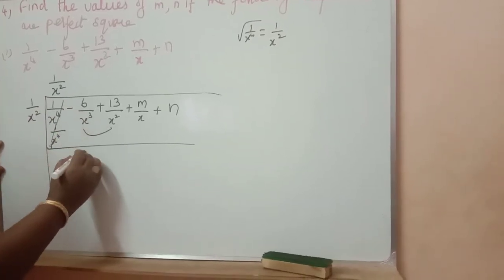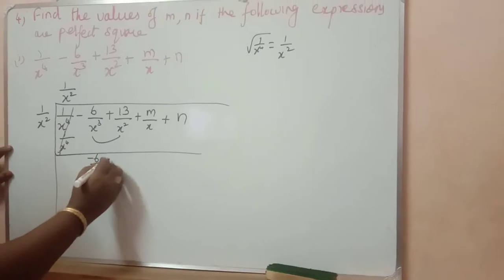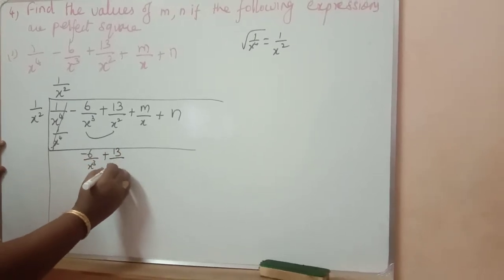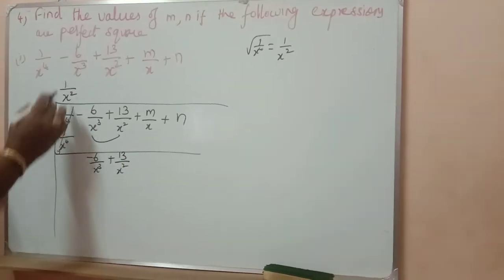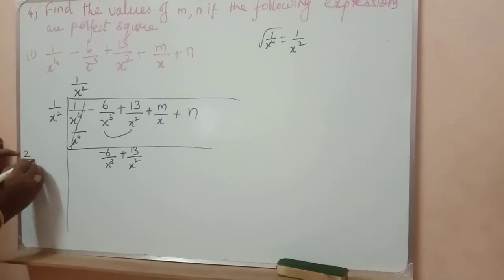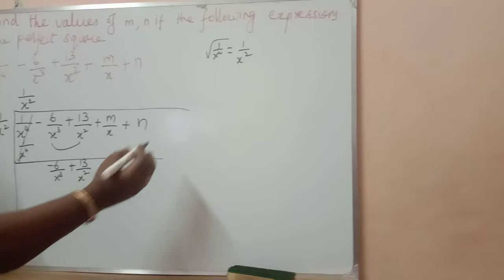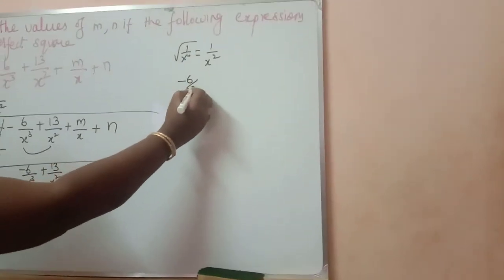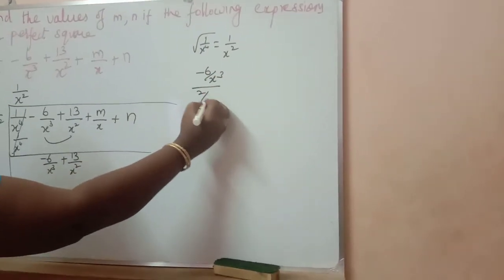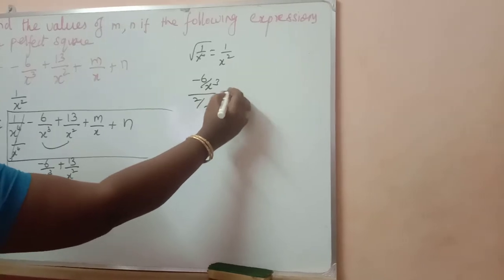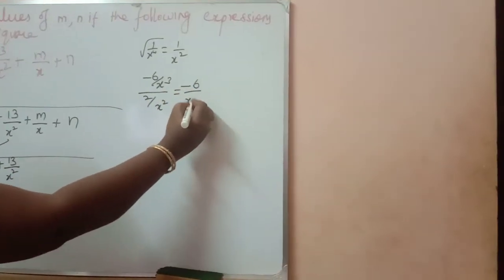Next two terms, minus 6 by x cube plus 13 by x square. Okay, multiply this term by 2, so we will get 2 by x square. First term by first term, minus 6 by x cube by 2 by x square. Fraction in the numerator, write the same fraction.